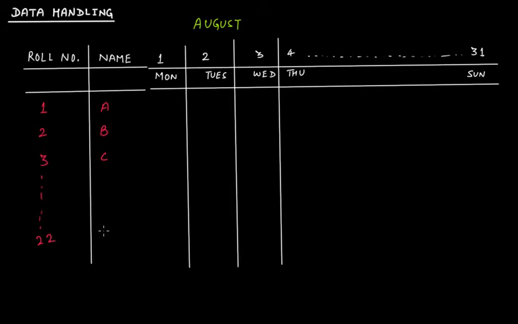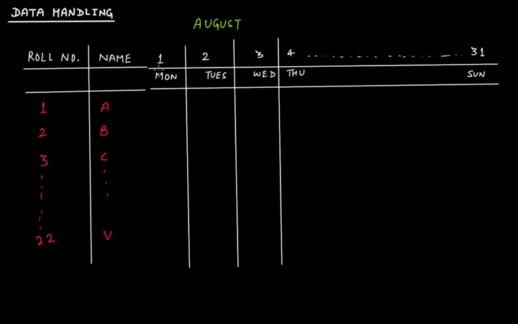So we will come here. Roll number 1 belongs to A, roll number 2 belongs to B, roll number 3 belongs to C, and let's say roll number 22 because there are total 22 students in a class, and this is person V.